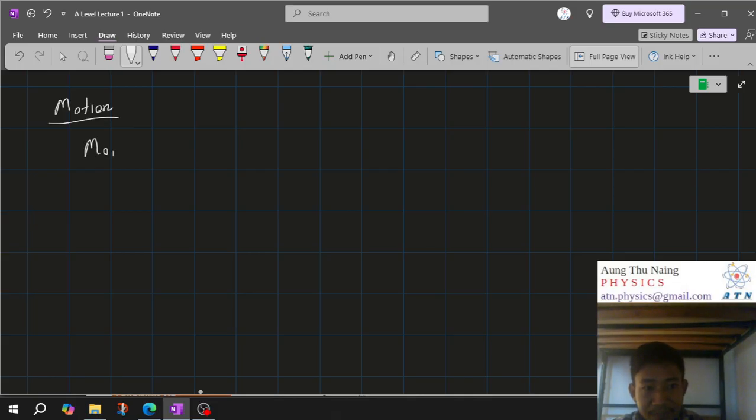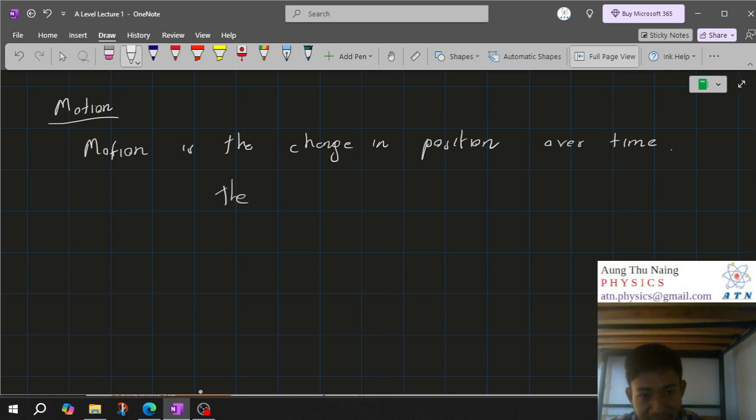So motion is the change in position over time, or the change in orientation over time.